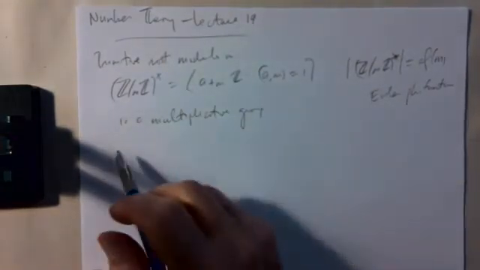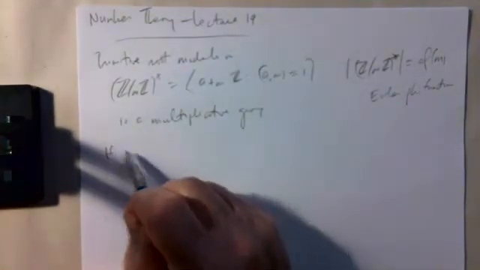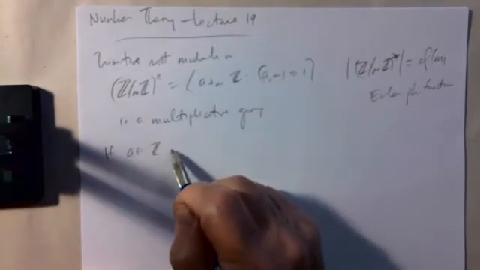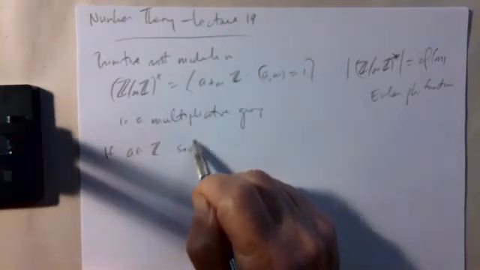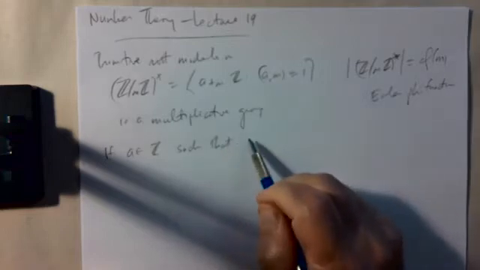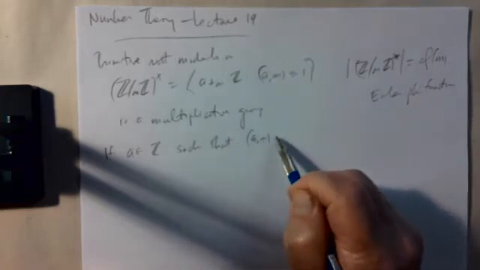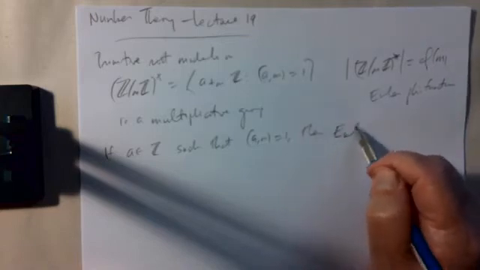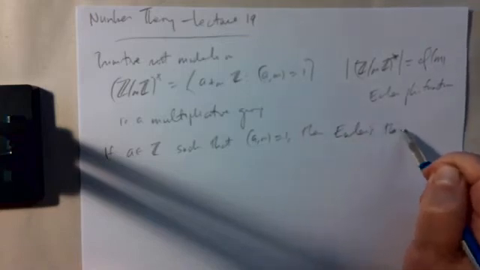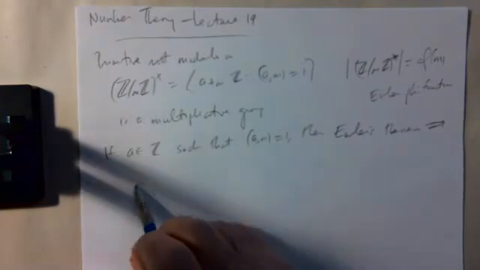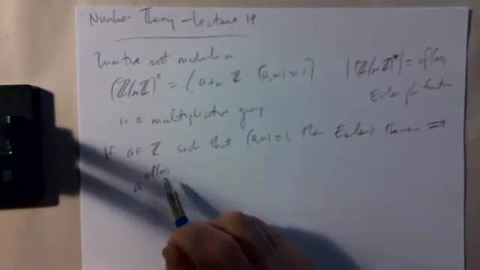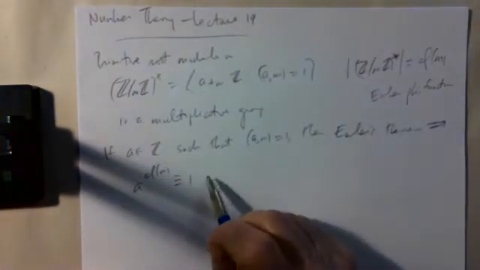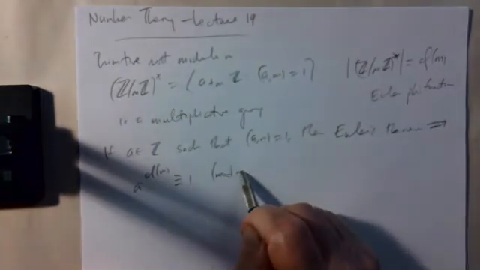And if we take an integer a such that a and m are relatively prime, then we know by Euler's theorem that a to the positive integer phi of m is congruent to 1 mod m.